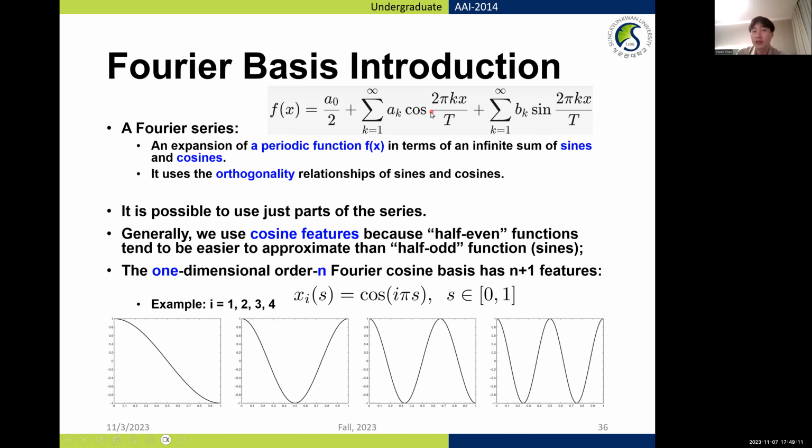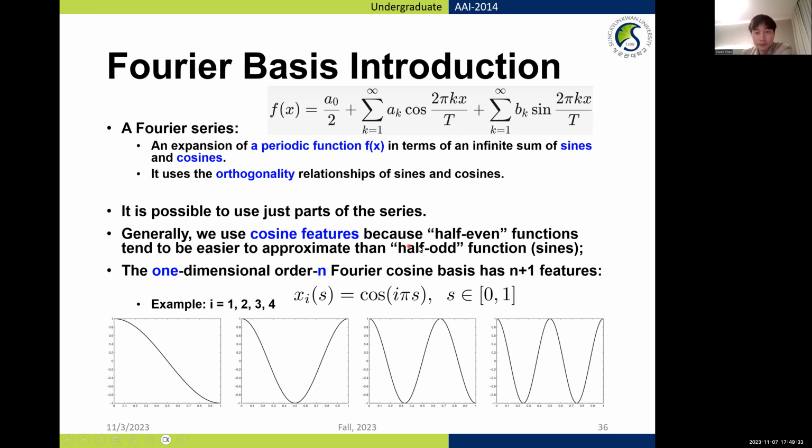In our case, we just use cosine features as a basis function to represent the k-dimensional state space for the feature.